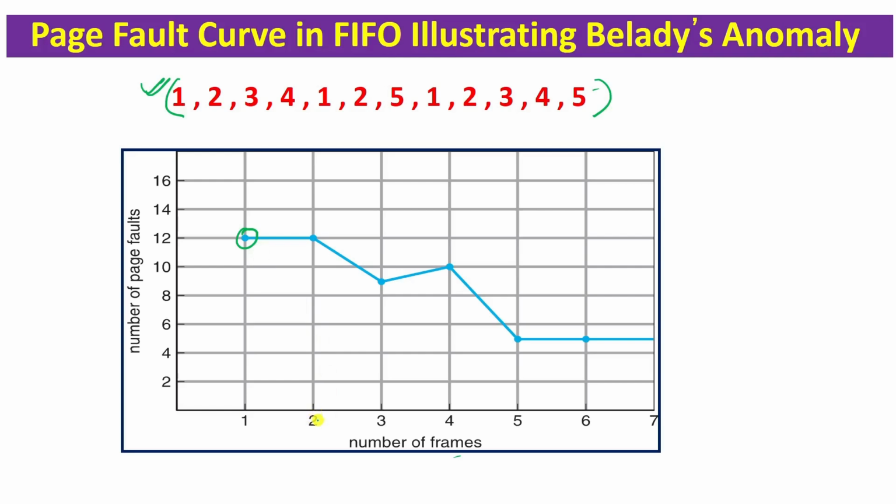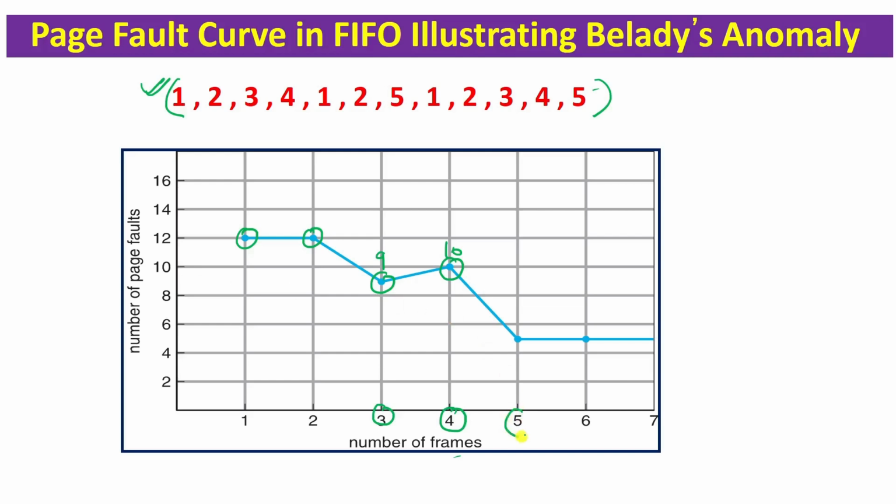If you give 2 frames to this process, then again 12 page faults will be there. But if you give 3, then page faults will be this, and this was actually 9 as we have seen in our first video. And if we give 4 frames, that we have seen in this current video, our number of page faults were increasing, they were going to 10, right?